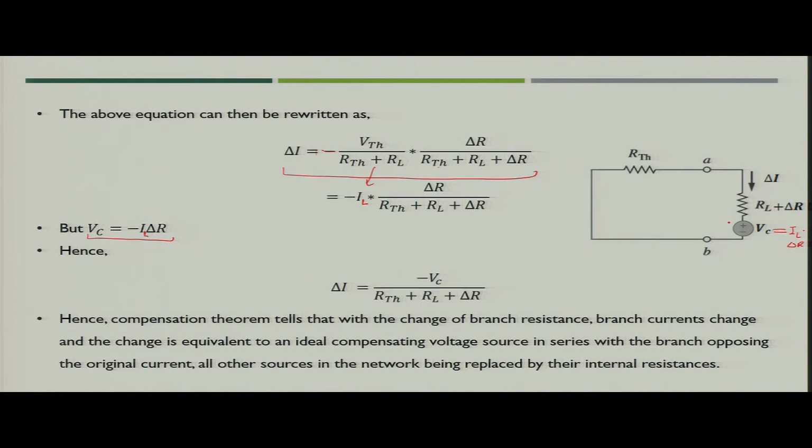Then we can simplify further and say the delta I value is nothing but minus of Vc upon RTH plus RL plus delta R.